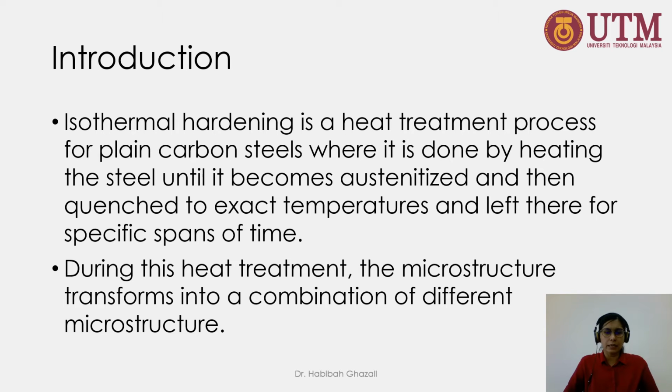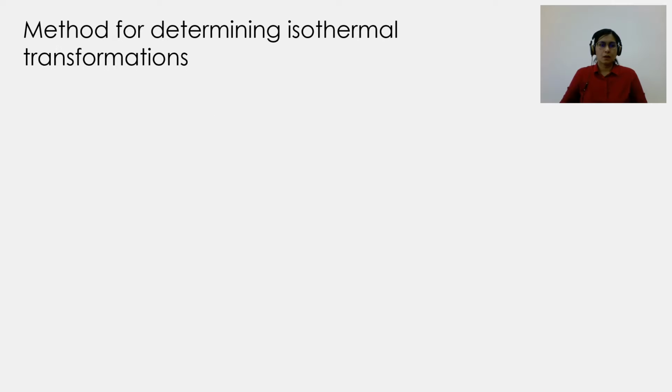During this heat treatment, the microstructure transforms into a combination of different microstructures. This isothermal transformation can be described using what we call a TTT diagram. TTT refers to the time temperature transformation diagram.